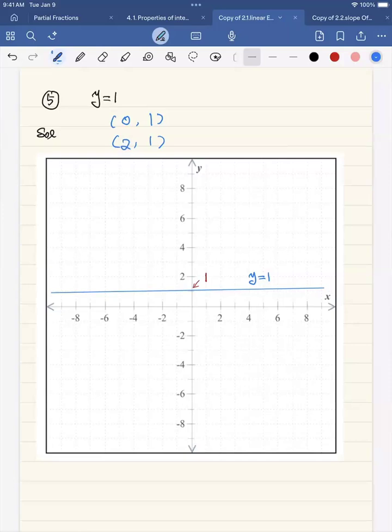When x value equals 0, y equals 1. So that's this point. And when x value equals 2, y value is 1 again. So we connect those 2 points, then we will get this horizontal line. So that's the graph of y equals 1.